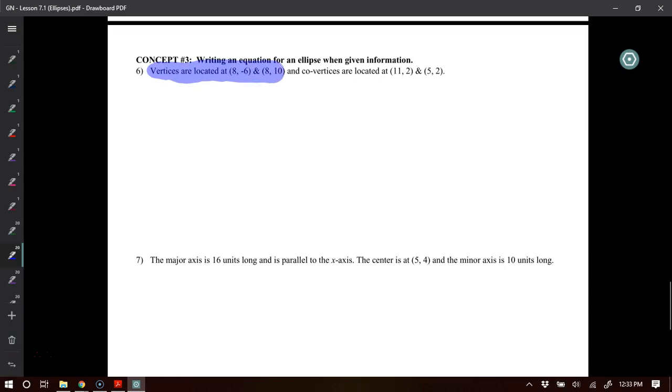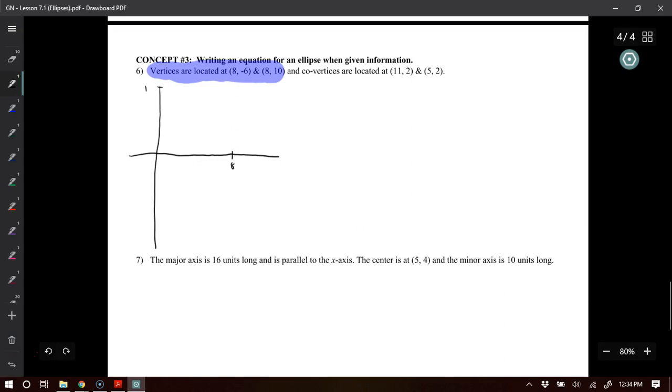So when I'm dealing with this, maybe I want to draw a picture for it. If I draw my picture, it doesn't have to be to scale. So here's my y-axis, here's my x-axis, and I just plot the point. Here is 8, here is 10. This is a vertex. And then 8, -6 is the other vertex.